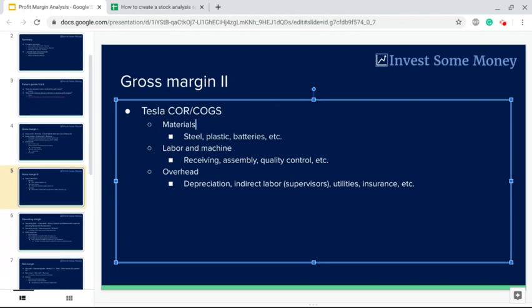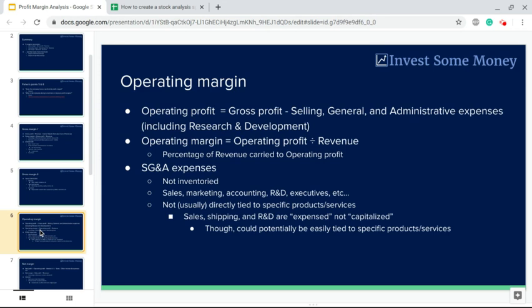Okay, going to the next slide here, and we'll talk a second about operating margin. Okay, so operating profit is gross profit, which I showed the calculation of earlier. And then subtracted from that is selling, general and administrative expenses, also including research and development.